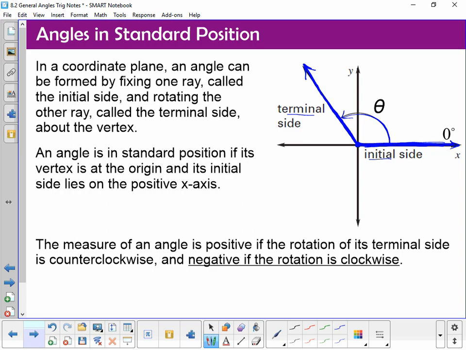Now, the good thing about defining standard position is that we can now define negative angles. A negative angle is just rotating the other direction, so it rotates down instead of up.